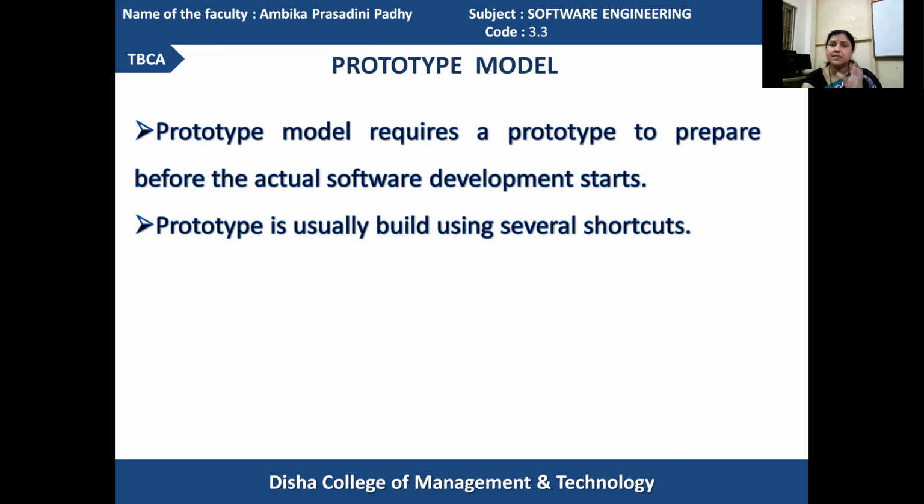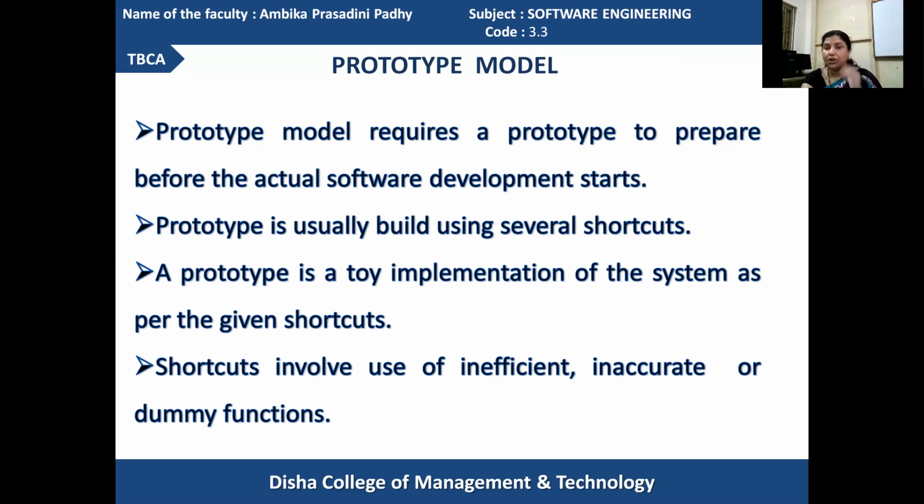The prototype model requires a prototype to be prepared before the actual software development project starts. It is built using several shortcuts. What is the prototype? The prototype uses several shortcuts in order to prepare a toy model of the system. A toy implementation of the system is called a prototype.